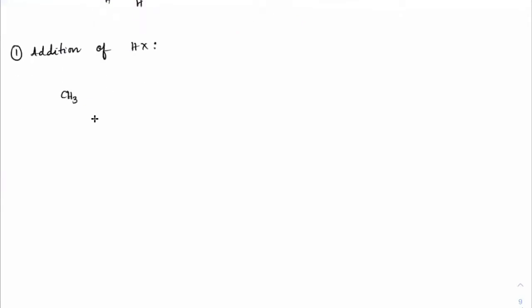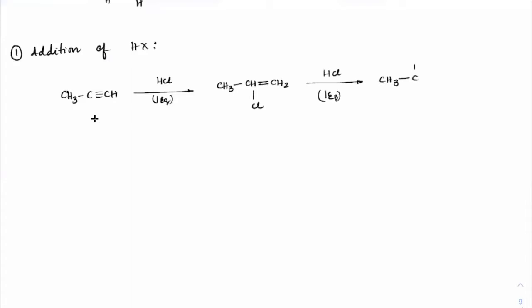If we check CH3C triple bond CH, when we treat that with one equivalent of HCl, it will become CH3CCl double bond CH2, with Cl added here. If we add one more equivalent of HCl, it gets added onto the same location, and the product we get is a gem dihalide.